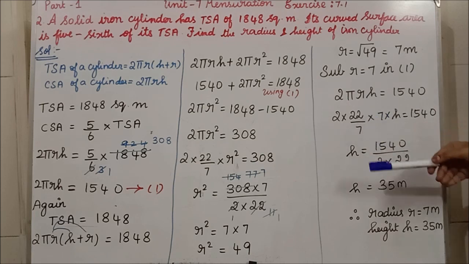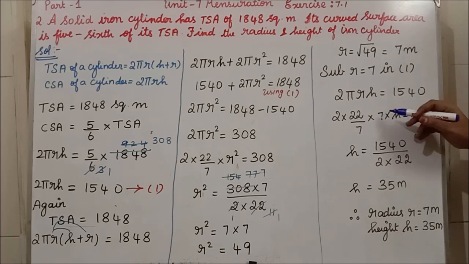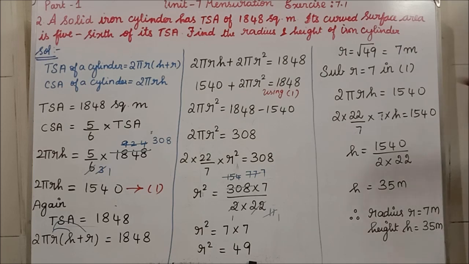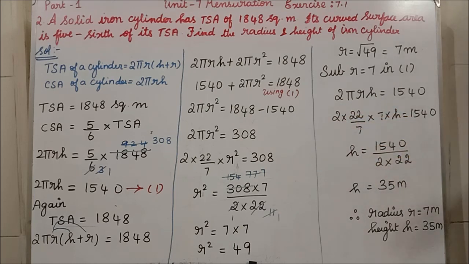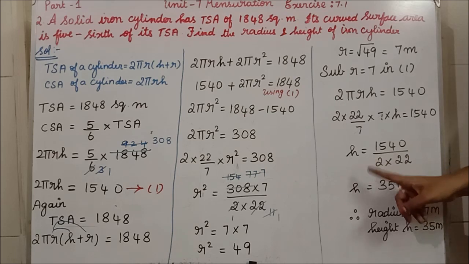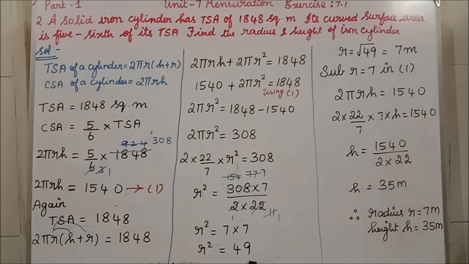Okay, now h is equal to 1540. This 7 and the 7 get cancelled. So 2 into 22 comes to the denominator. After cancelling I am getting h is equal to 35 meter.